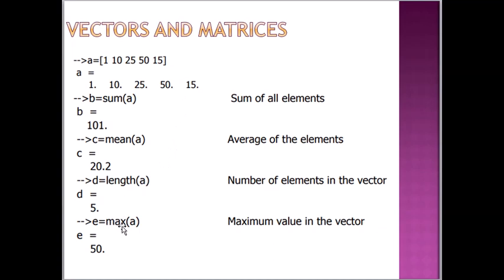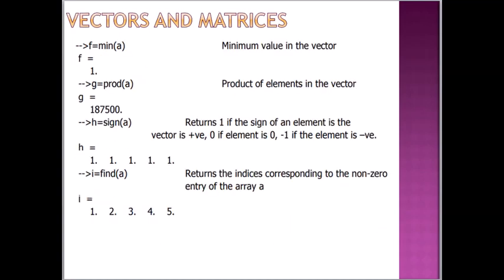So E is equal to max of A. The maximum value in this vector is 50. So we get the maximum value of the A matrix. In our next problem we show the minimum value of our matrix.